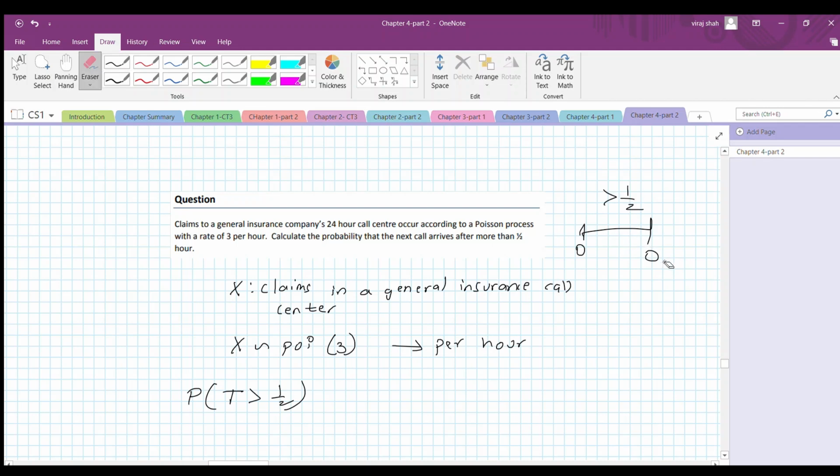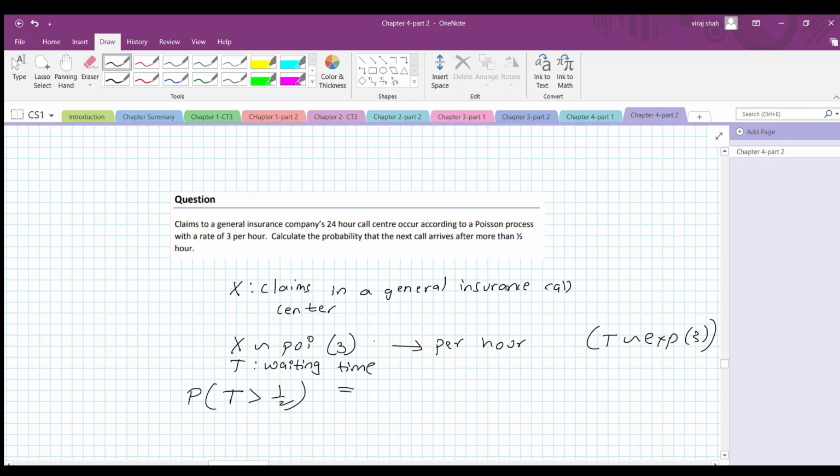This is exactly the concept of waiting time. Waiting time measures the time between two consecutive events. So I can say that now my t follows exponential with parameter 3. T is nothing but my waiting time.